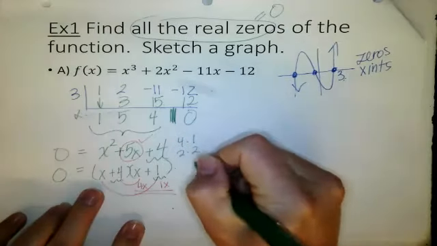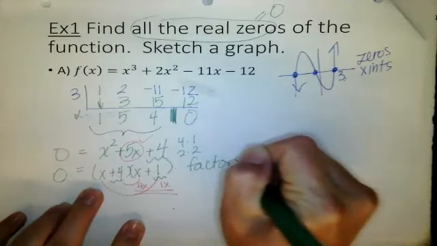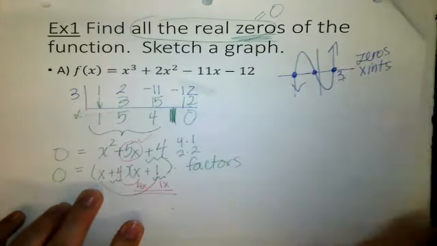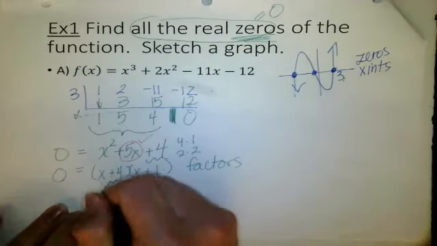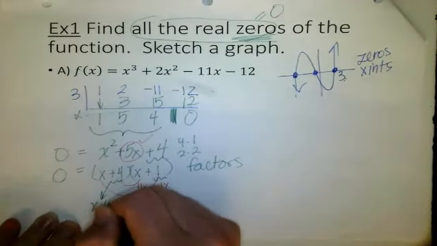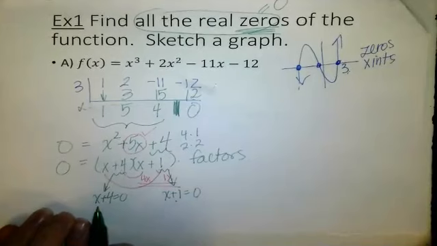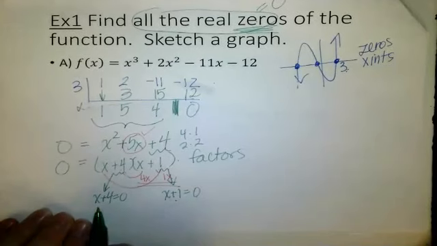Now, these are the factors. How do we actually find the zeros? You set them equal to 0. You set each bubble equal to 0. And if I set x plus 4 equal to 0, then I can solve for x. So when we're actually finding these, we're solving for x. How do I get x by itself?